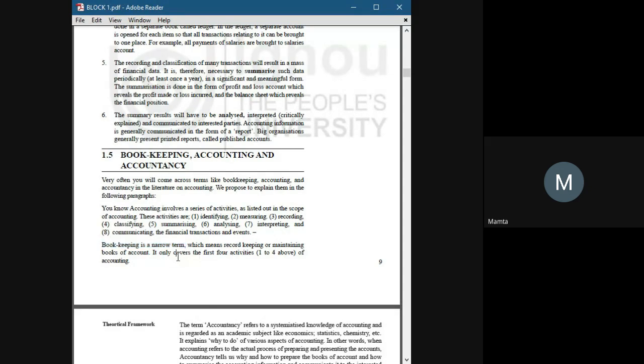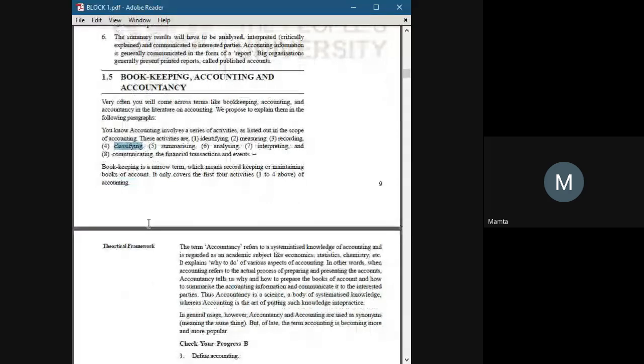It only covers the recording part of a transaction, just like identifying, measuring, recording, and then classifying. So it doesn't require any high level of learning about accounting. We just record the transaction. Anyone can record the transaction.